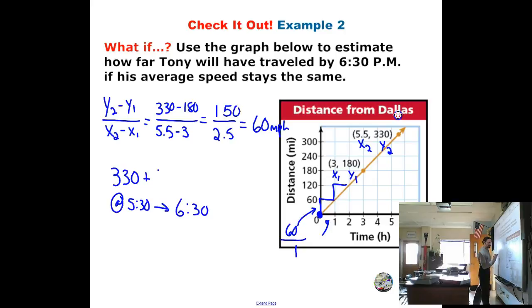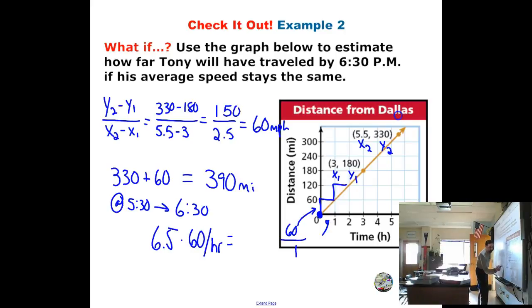We need to add another 60 miles, and that's a total of 390 miles. The other way to do that is just say, 6.5 times my slope of 60 miles per hour will give you 390 miles.